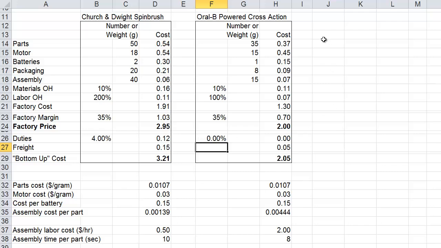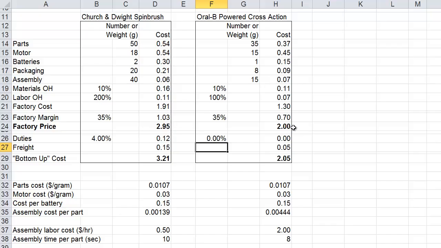As a result, if you plug in the actual weight of the parts in the Oral-B, which is 35 grams for the parts, 15 for the motor, there's only one battery, there's only 8 grams of packaging, and the assembly costs are just 15 parts to assemble.